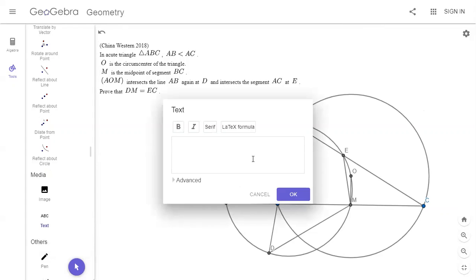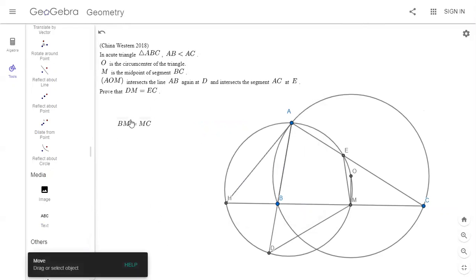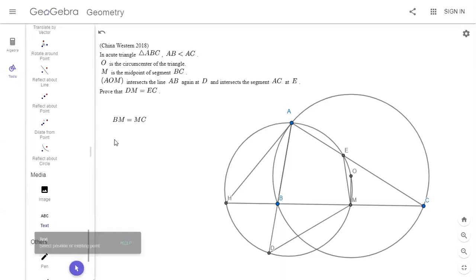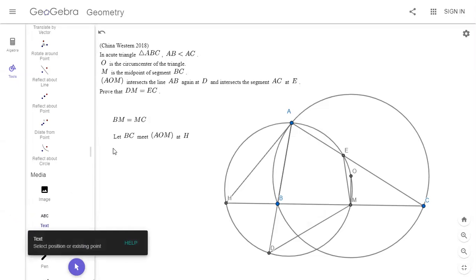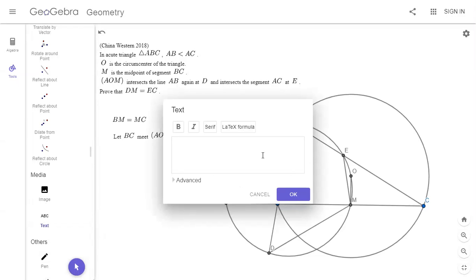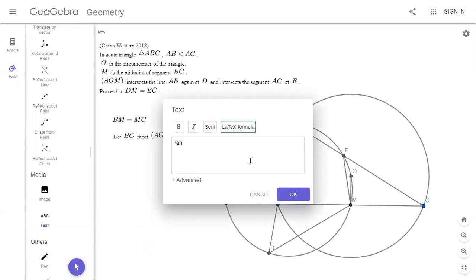So obviously BM is equal to MC, and then let BC meet circle AOM at H. And then we have angle HAO is equal to 180 minus angle HMO, which is equal to 90.